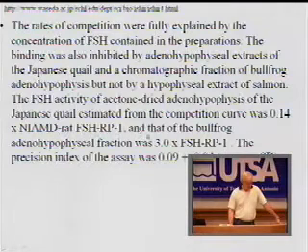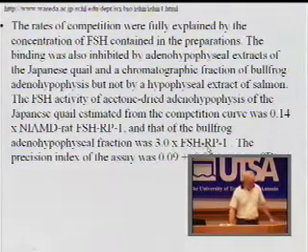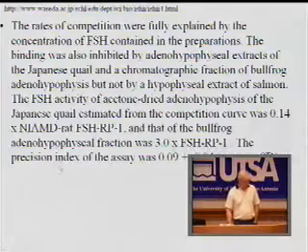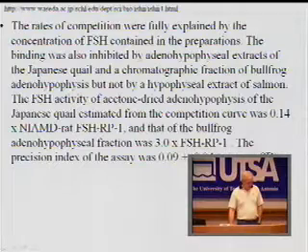Guess you'd have to read the whole paper. And that of the bullfrog adenohypophyseal fraction was 3 times the FSH RP1. So the precision index of the assay was 0.09 plus or minus 0.04 standard deviation.